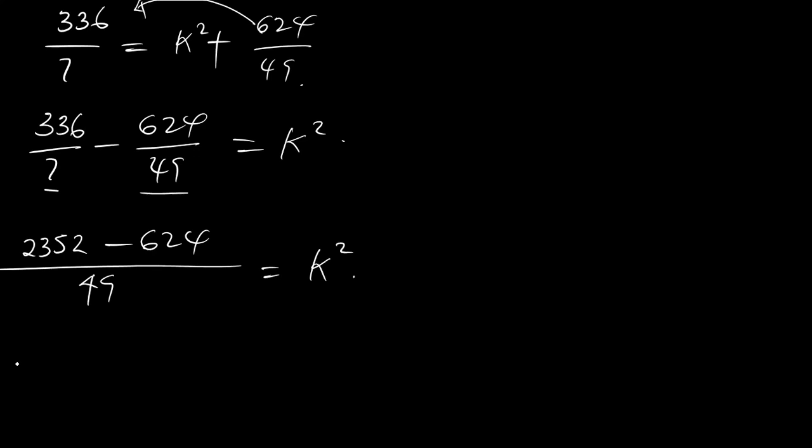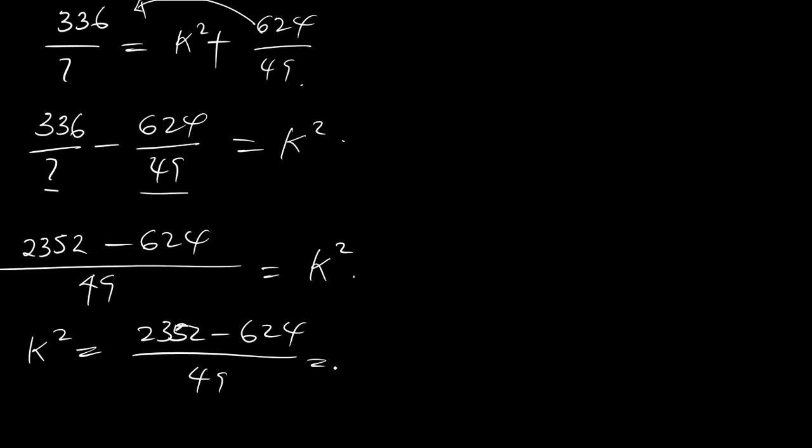K squared. So we can now say K squared is equal to 2352 minus 624 divided by 49. So 2352 minus 624 will give us 1728 divided by 49.